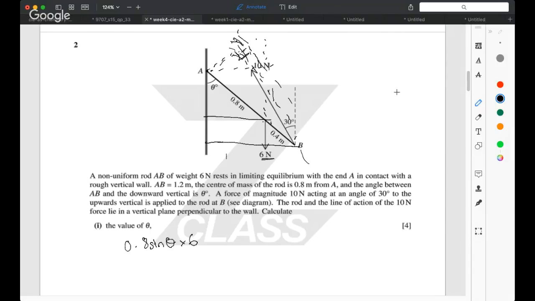So how do you calculate the perpendicular distance between A and the force? You have this angle, which is a right angle. So this angle is theta minus 30. And then I take the sine of that: sine of theta minus 30.